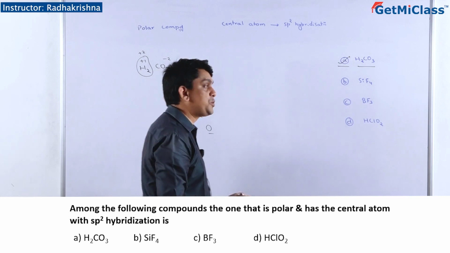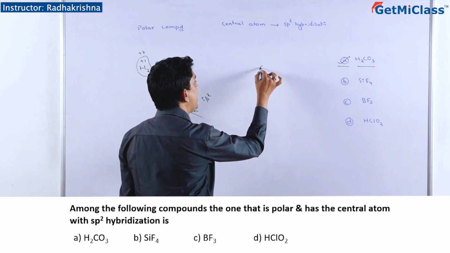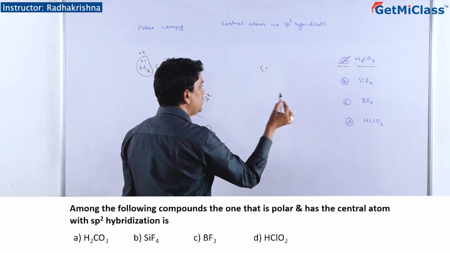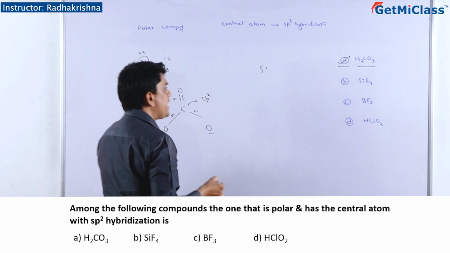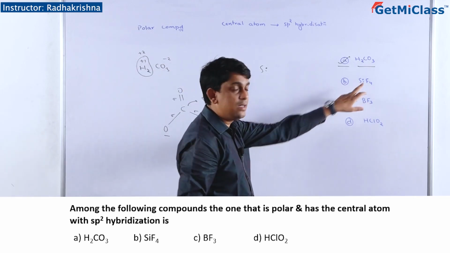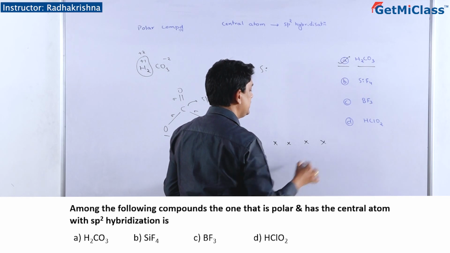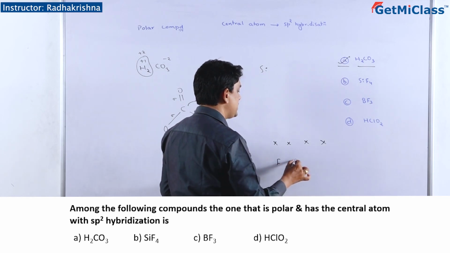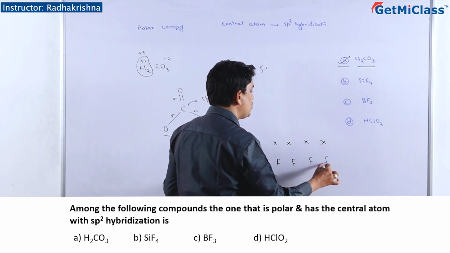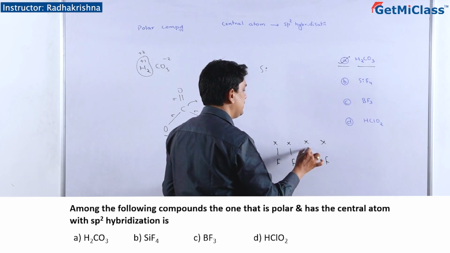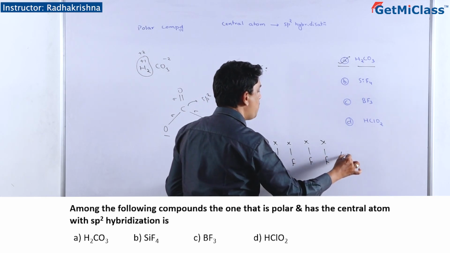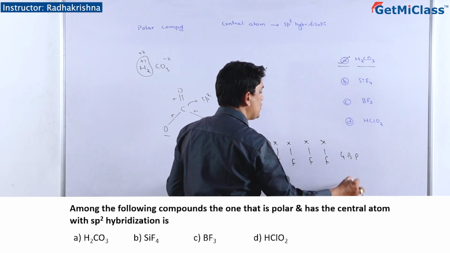Let me look at option B. So we have SiF4. Si is group 14, so 4 valence electrons. We have 4 fluorines; fluorines are monovalent. We all know that. So we have 4 bond pairs and no lone pair.